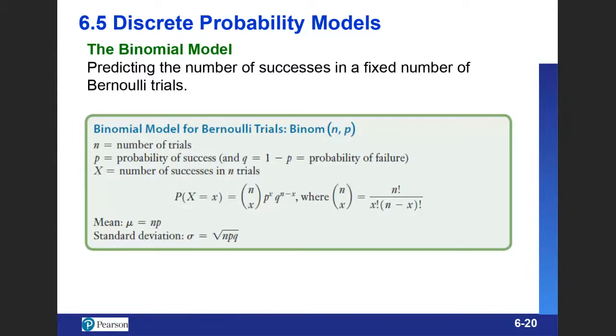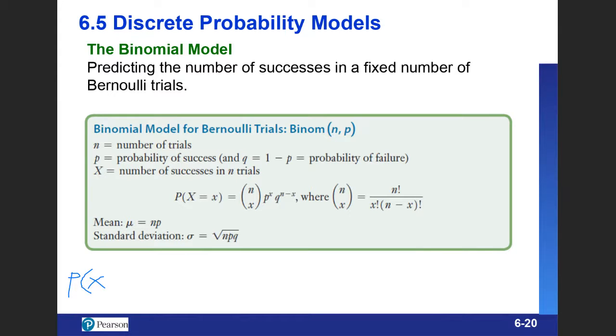So moving on, here's the formula. Now it looks kind of complicated to use a binomial model formula, and I'm going to rewrite it at the bottom. Probability of x.